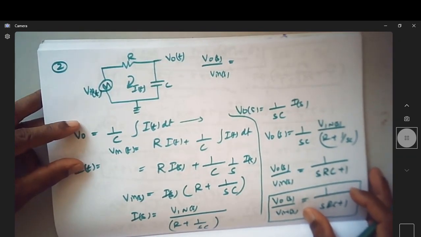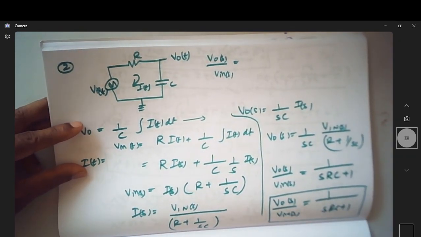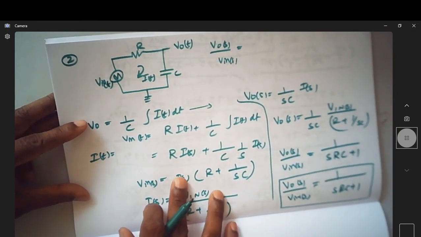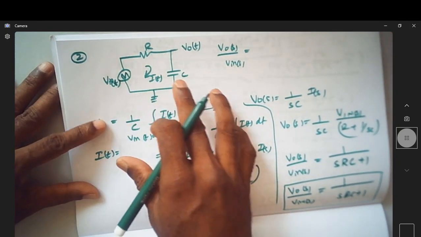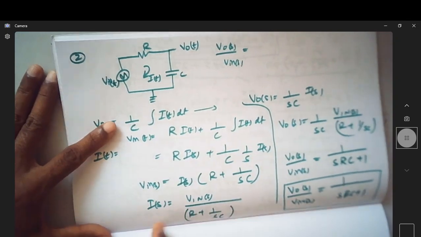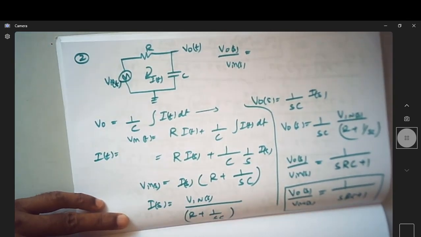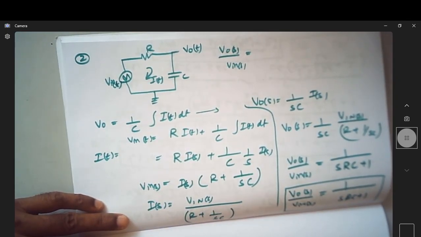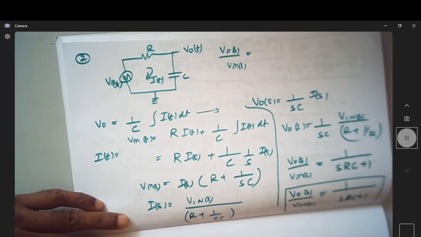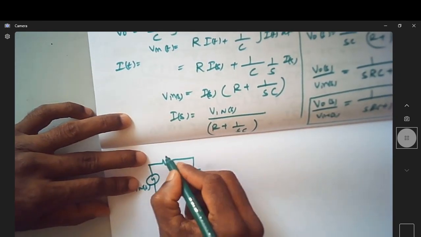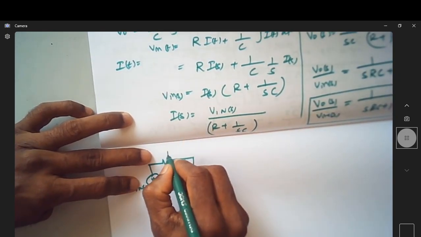Now this is how we can write it. Instead of doing this all the time, we can simply find the same transformation using this same circuit. We will write it as V in of s, so let us take the Laplace of this.